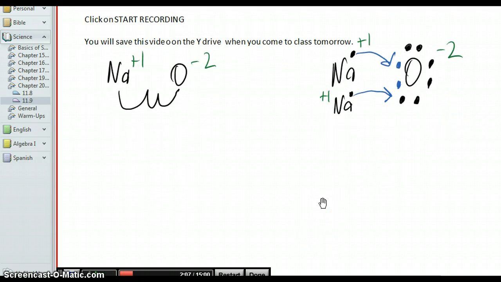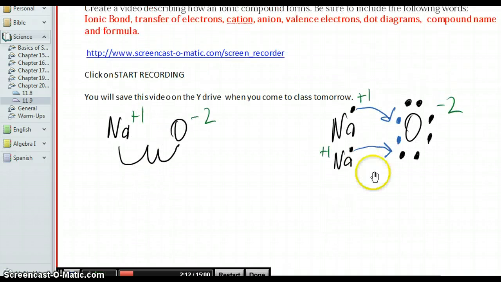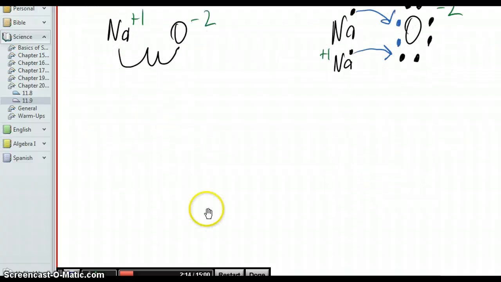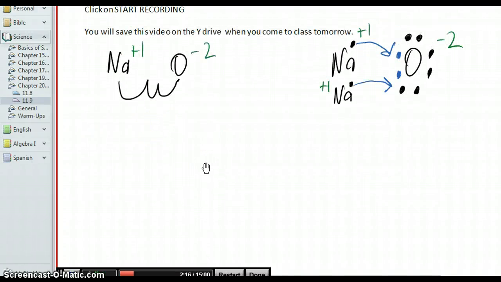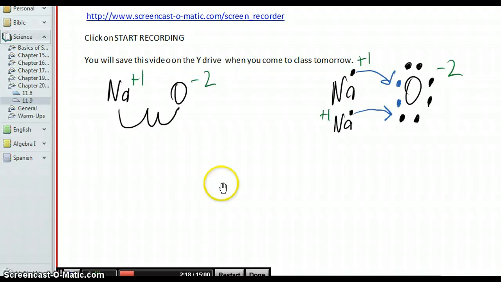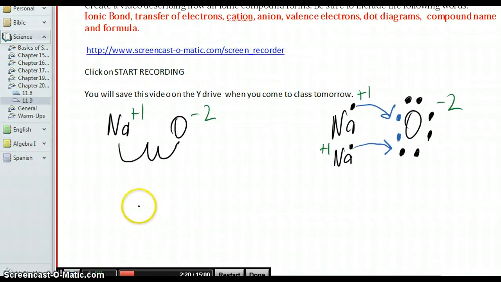And then the chemical formula, or the compound formula, is Na2O.